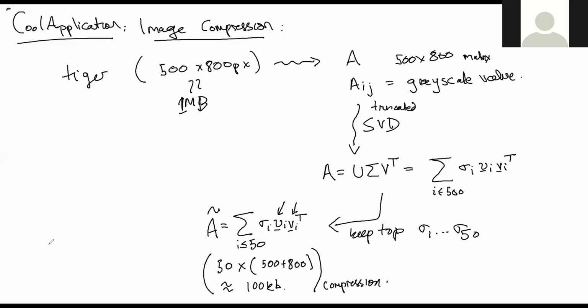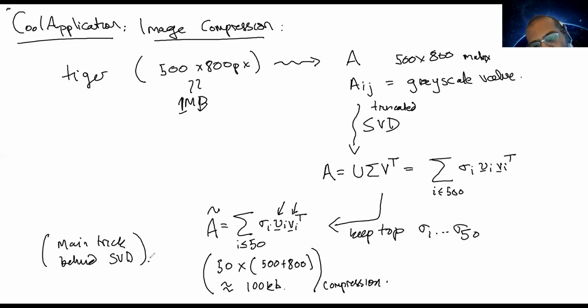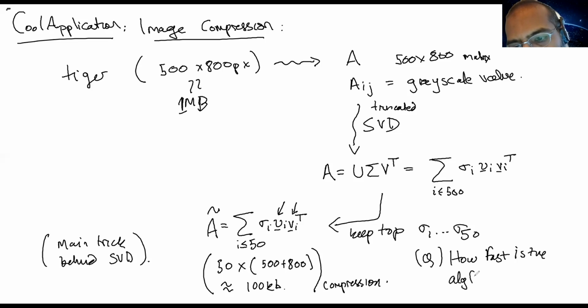Professor? Yep. I wonder what is the order of growth of the algorithm for the image compression? Yeah, it's a good question, which I'll send an article about. So how fast is the algorithm for SVD?